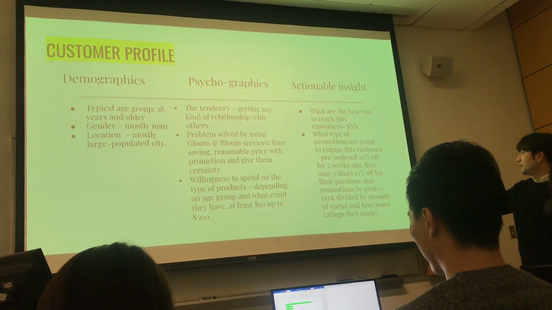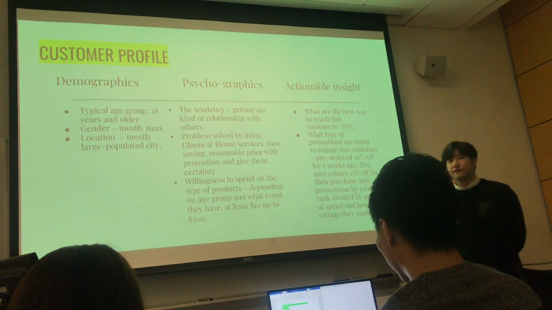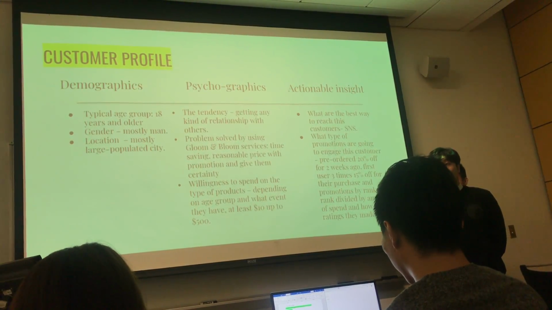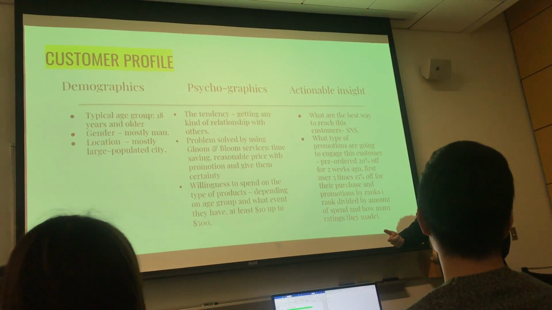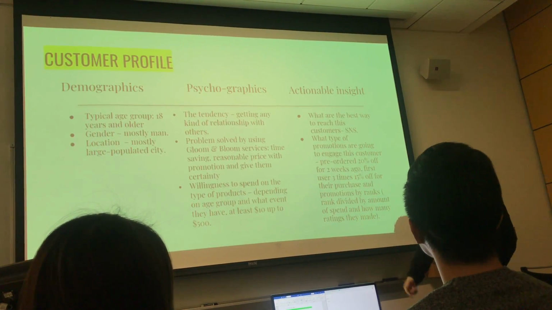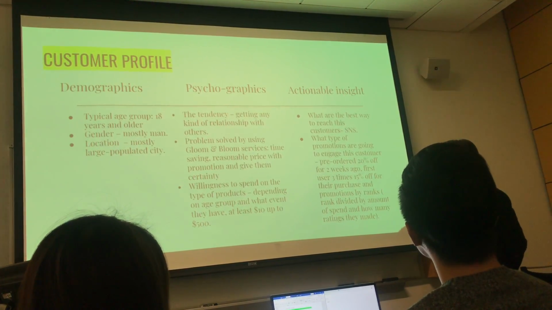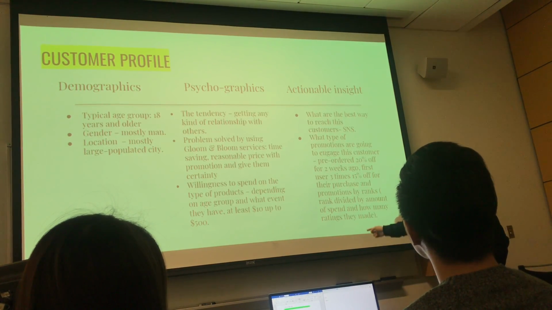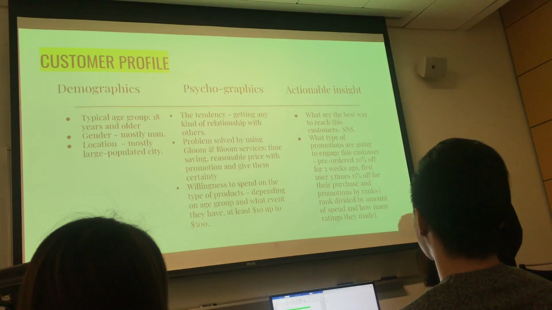The rank is divided by the amount of spending and how many ratings they made. For example, everybody has Uber and Lyft, and you use Uber, right? What kind of rank are you on Uber? I'm platinum, which means I use it a lot. So we actually divide by rank, and we give them a promotion by rank.